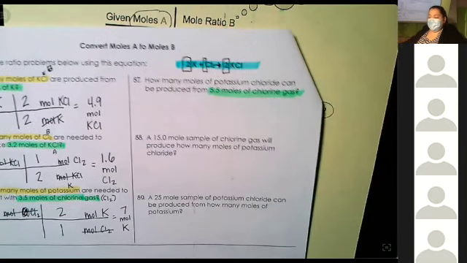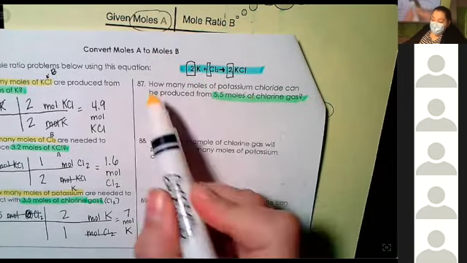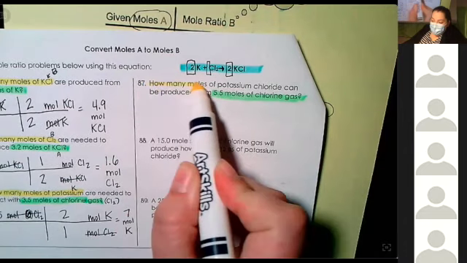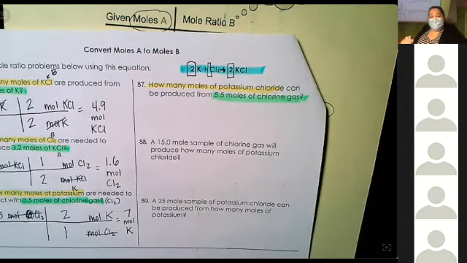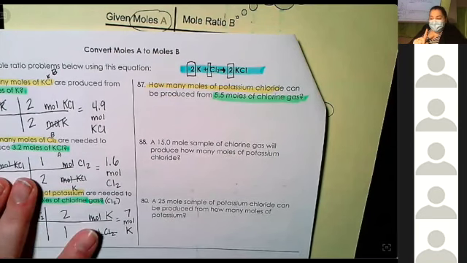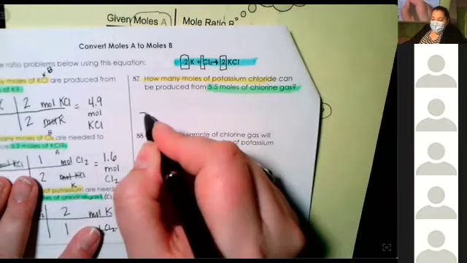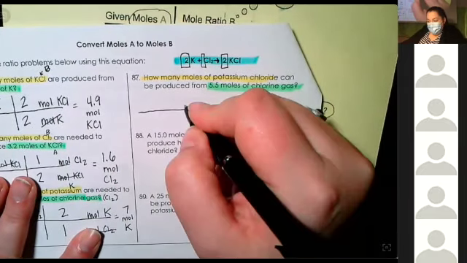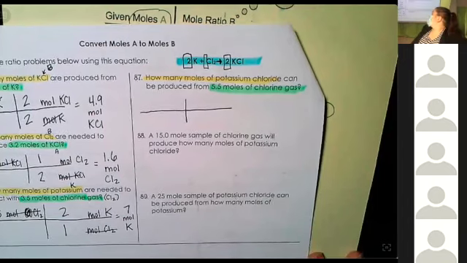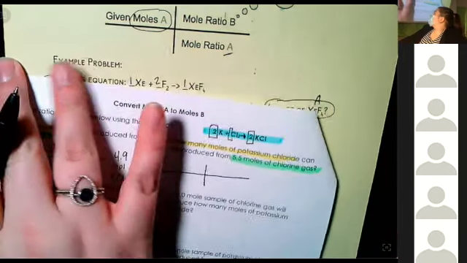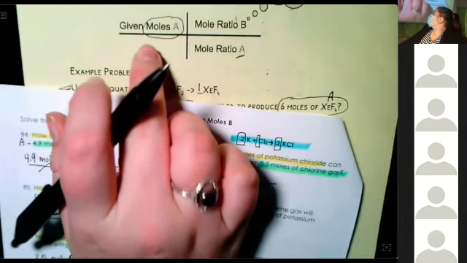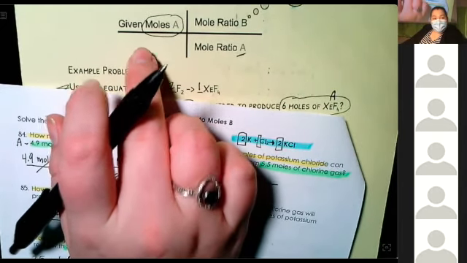It's the numbers. What it wants to find is how many moles of potassium chloride. So step by step, the first thing we're going to do is set up this little T chart looking thing. You can follow this in the notes for today. This is also in eClass, but this is the pattern of how we set it up.